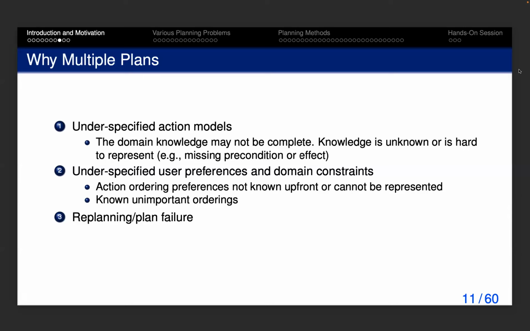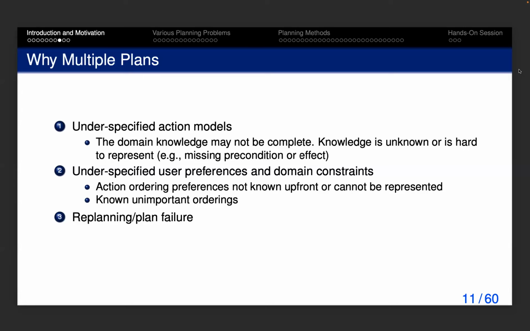But in logistics, for example, the ordering between the drive actions may not be as important as making sure things happen. And furthermore, we do have a lot of bookkeeping actions or auxiliary actions that came from the transformations that we do in the pre-processing to come to the PDDL model. So all of those can essentially be ignored.